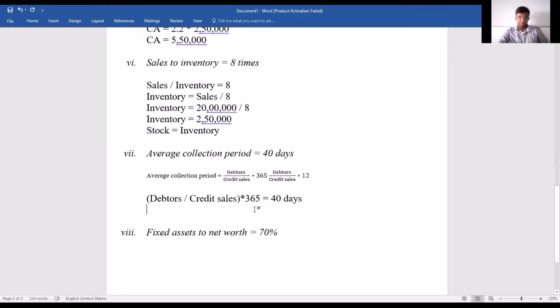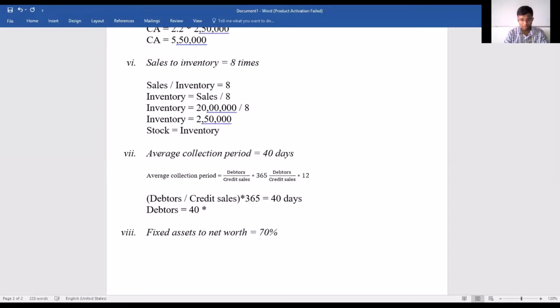We know the value of credit sales, so we can rearrange this formula and calculate debtors. When you rearrange the formula, you would get debtors to be 40 into credit sales.